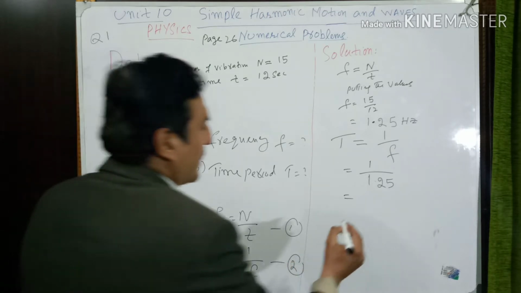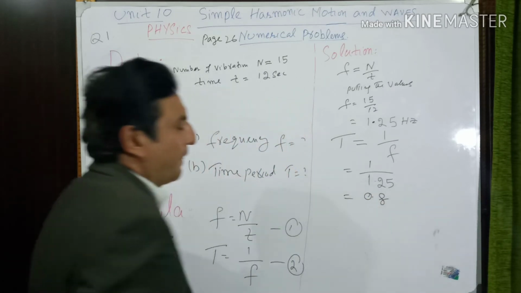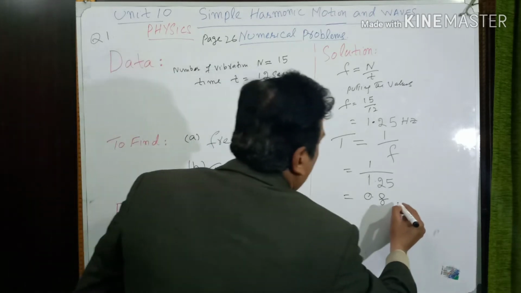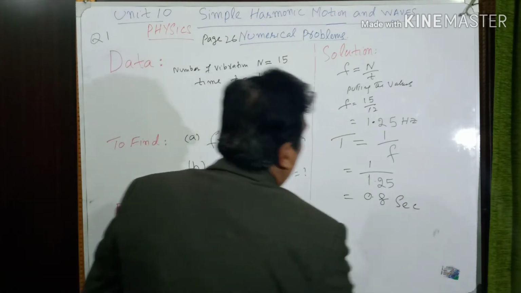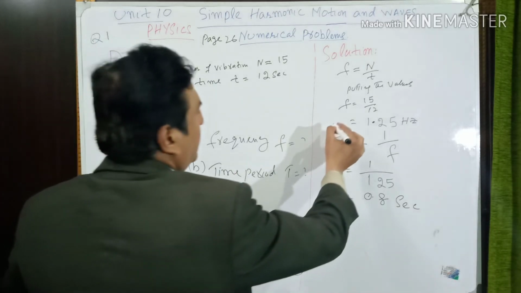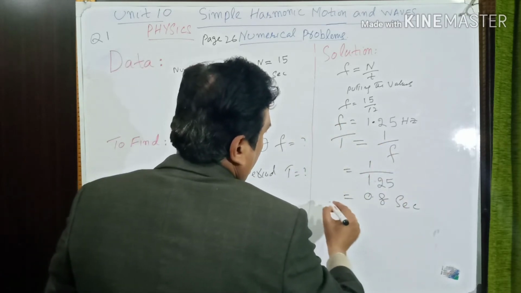Answer is 0.8. The unit of time period is second. So we have 2 answers. One is frequency, and the second is time period.